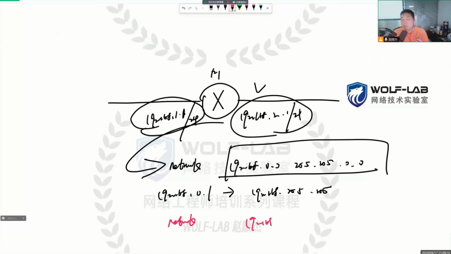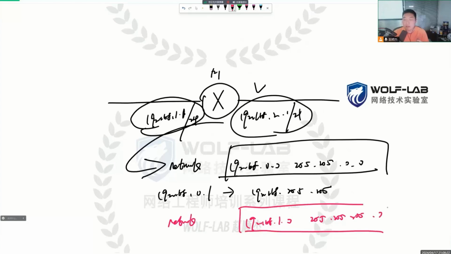So only 192.168.1.x addresses, from 192.168.1.0 to 192.168.1.255, are matched. Then run our EIGRP.